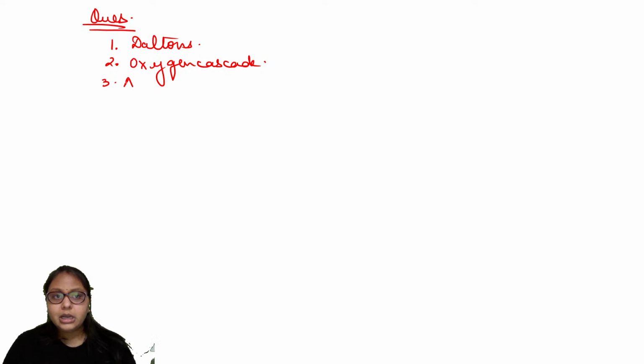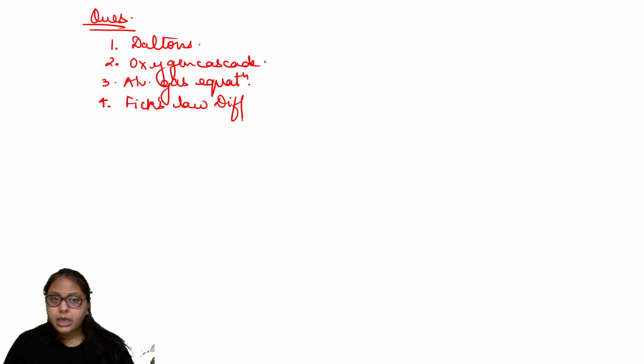What is the oxygen cascade? What is the alveolar gas equation? MCQs are asked on this. Then an important point is Fick's law of diffusion. Then DLCO, the factors which increase or decrease the DLCO.